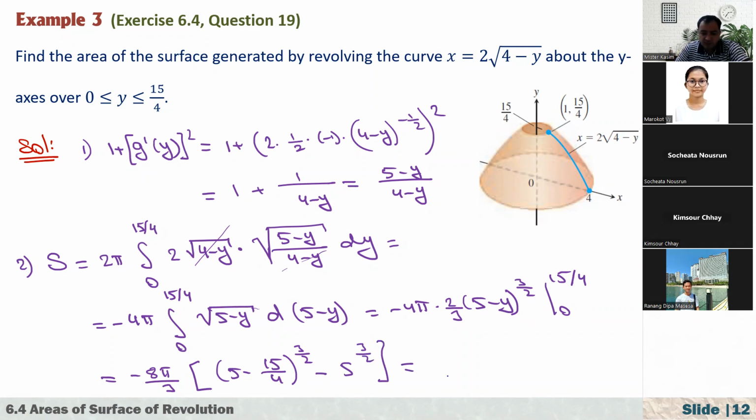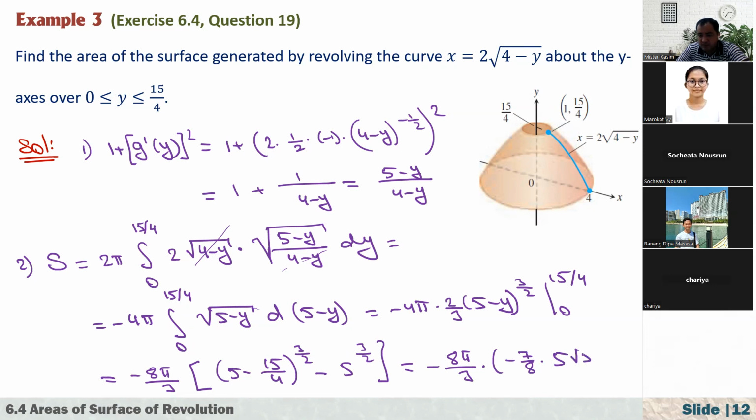Maybe we can simplify a little bit further. So here we have minus 8 pi over 3 times: 4 times 5 is 20, 20 minus 15 is 5, so 5 to the power of 3 over 2. Okay, it's a common factor. The square root of 4 is 2, cubed is 8, so 1 over 8 minus 1, that is minus 7 over 8 times 5 to the power of 3 over 2.